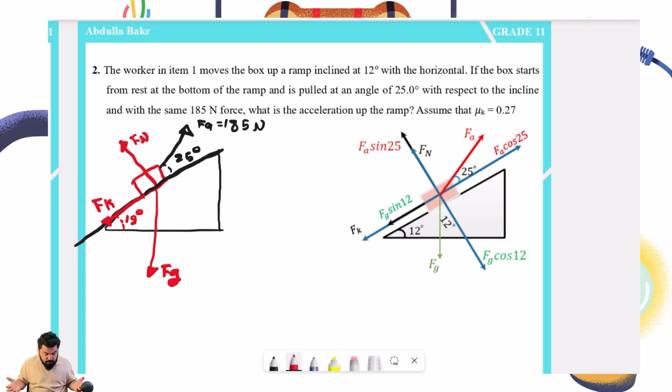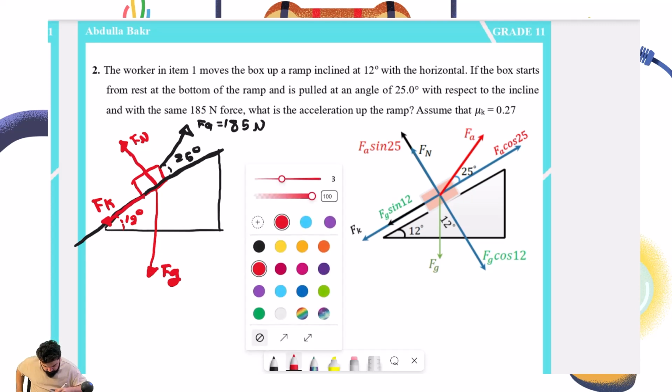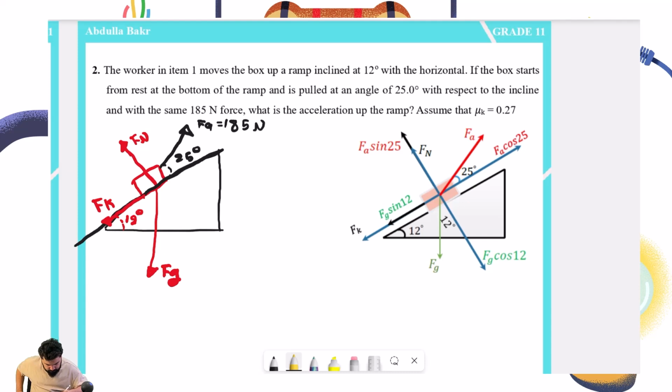So what are you going to do here? Because this Fg is making an angle with the x-axis and with the y-axis, this is going to be the x-axis, and this is going to be the y-axis.